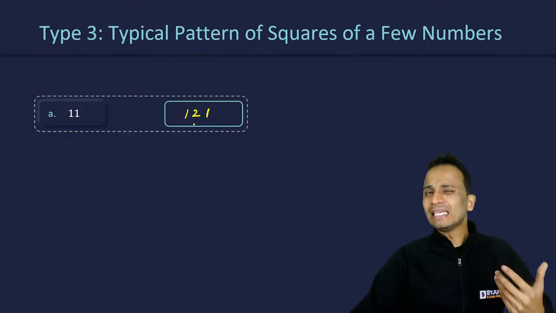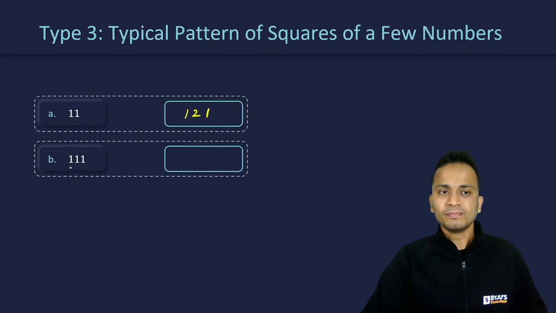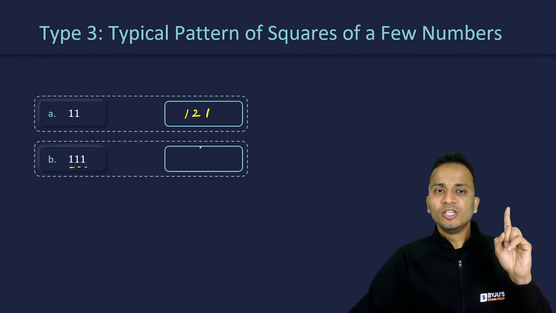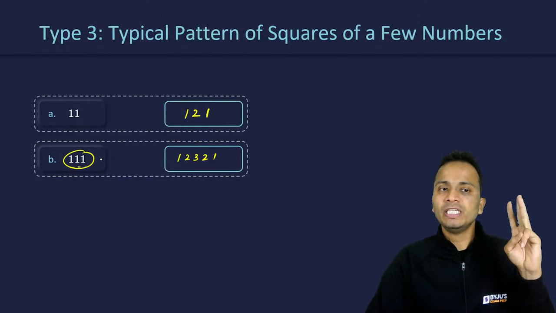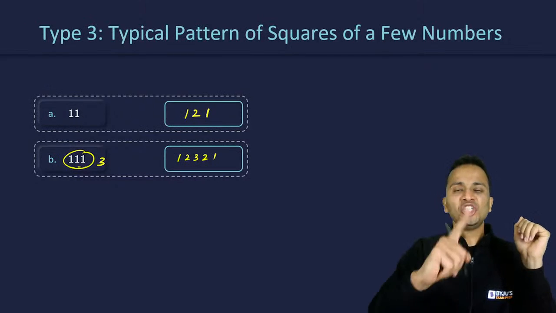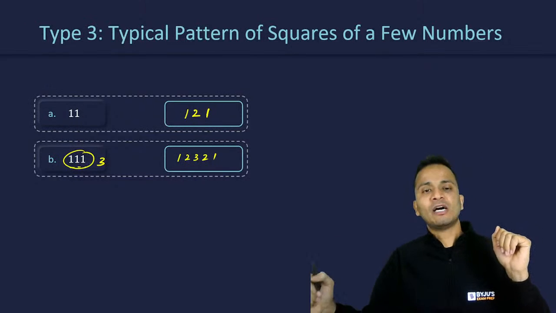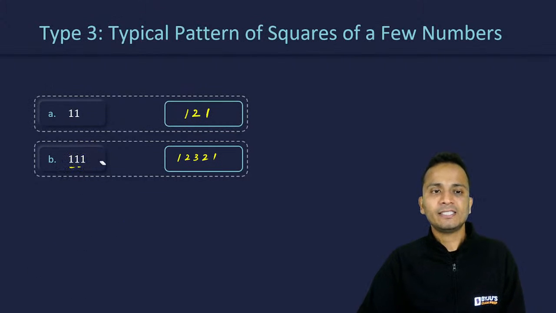Right now you won't see any pattern. But if I write the square of the next number, 111, how many times is 1 there? 3 times. So the answer will be 1, 2, 3, 2, 1. First normal counting up till 3, 1, 2, 3, and then reverse counting 2, 1. So this is the pattern that I can see here.